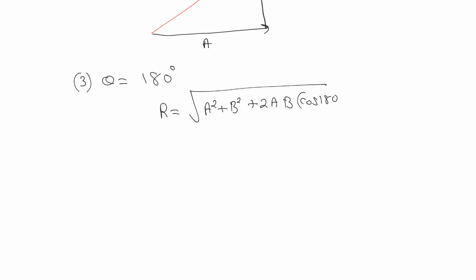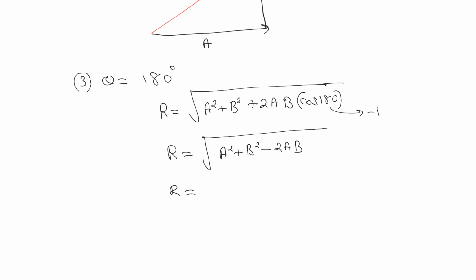The value of cos 180 degree is minus 1. So the value of r will be equal to under root of a square plus b square minus 2ab. This can be written as under root of a minus b the whole square. Taking the root, you get the answer a minus b.